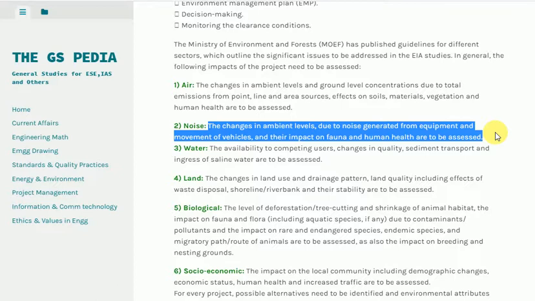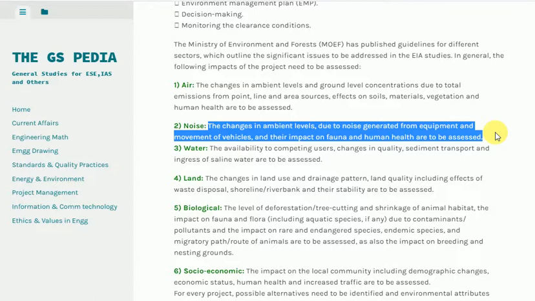3. Water. The availability to competing users, changes in quality, sediment transport and ingress of saline water are to be assessed. 4. Land. The changes in land use and drainage pattern, land quality including effects of waste disposal, shoreline/riverbank, and their stability are to be assessed. 5. Biological.